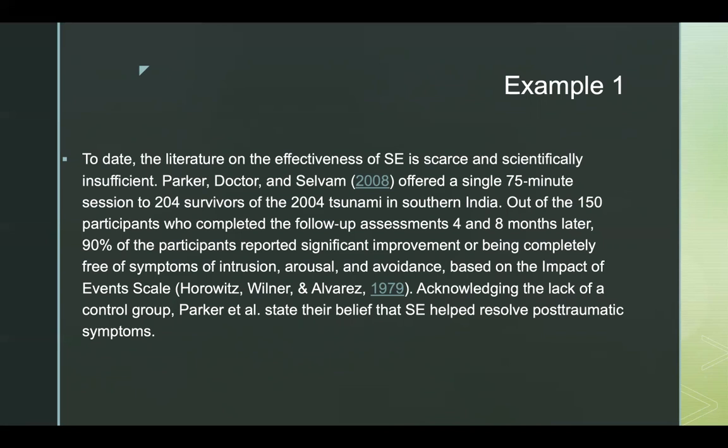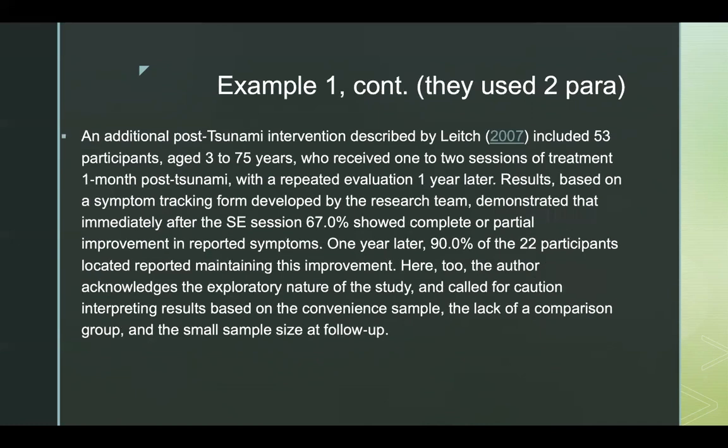And so they give some examples, and there's not much out there, right? We've got tsunami survivors. That's kind of what we have. They use 2 paragraphs here for this section because they looked at 2 different research interventions. The first one was on tsunamis, and the second one was also on tsunamis.